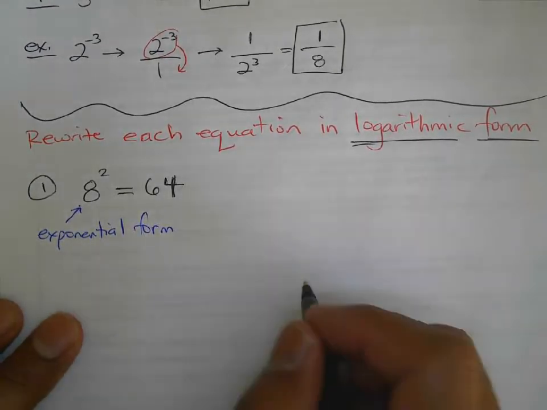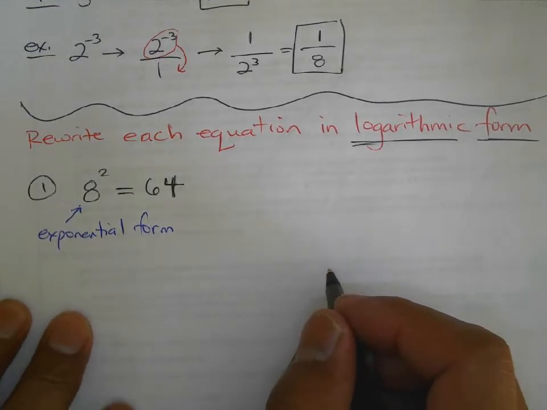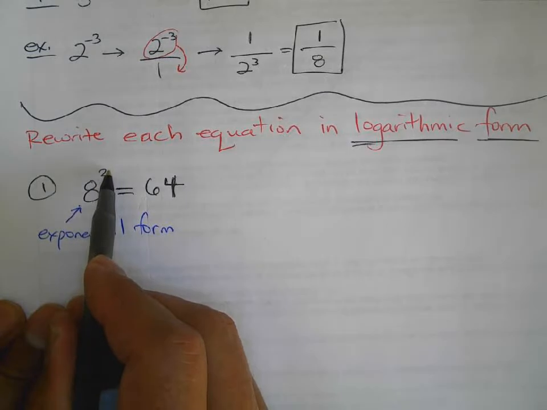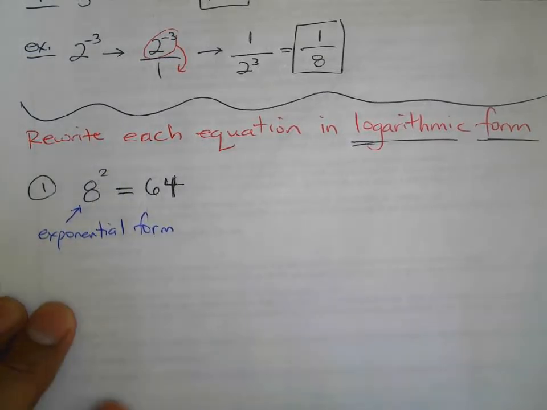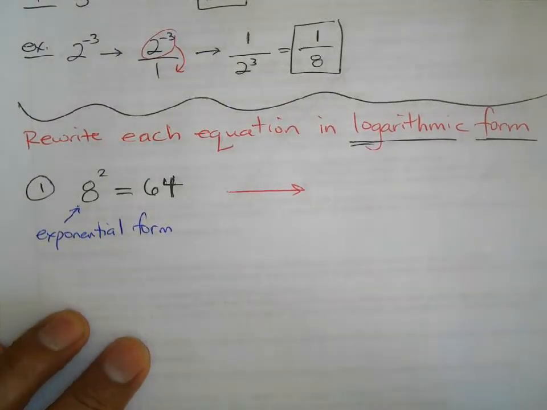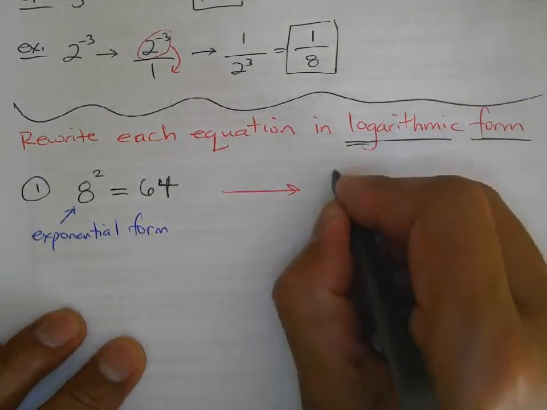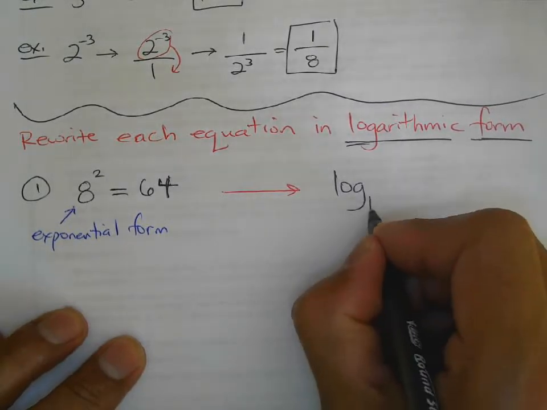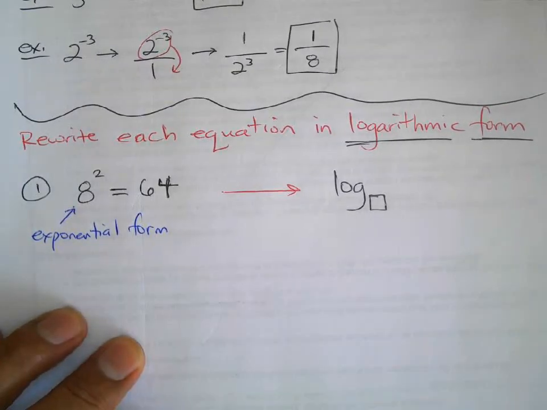Now we're going to convert it into logarithmic form, right? We're going to need a base, we're going to need a power or exponent, and then the value. This is the way you say the same thing in logarithmic form. You're going to have a log, the base, like a basement, goes in the bottom.